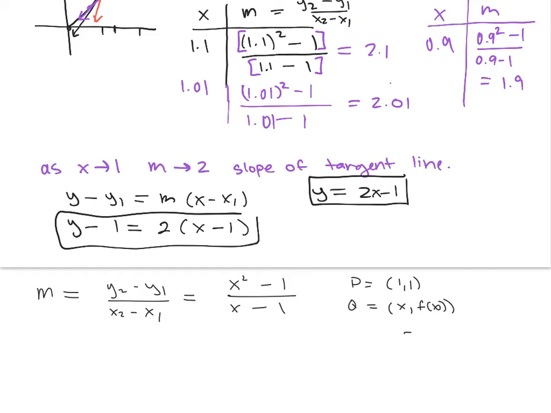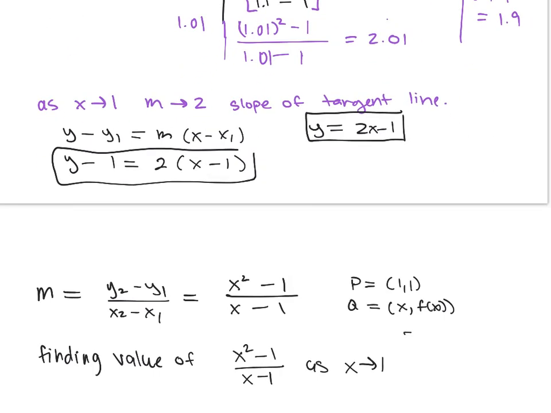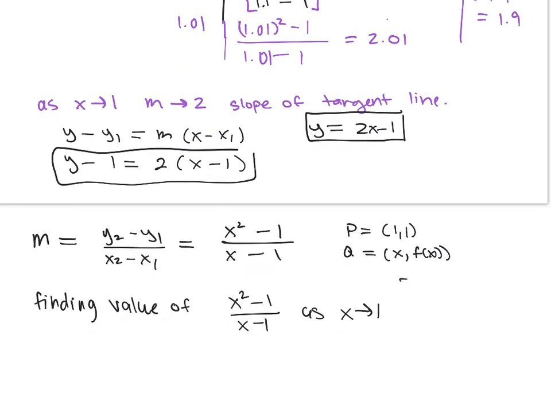And what was happening to x in both of those situations? What was x getting closer and closer to? So we were finding the value of x squared minus 1 over x minus 1 as x went to 1. The fancy formal way of expressing that is with a limit.